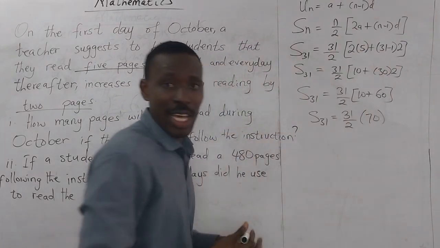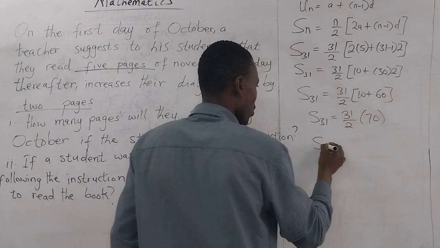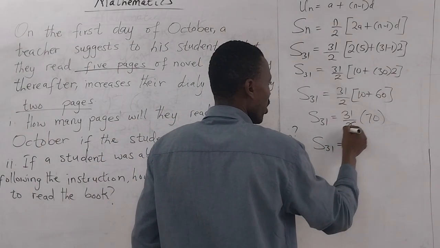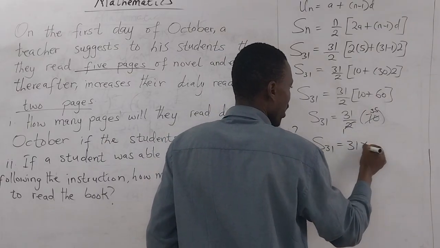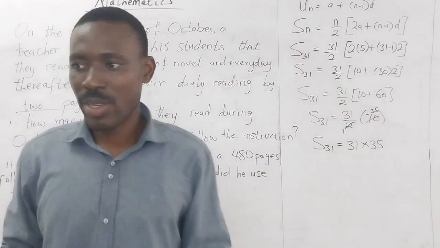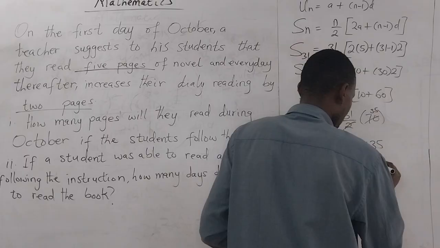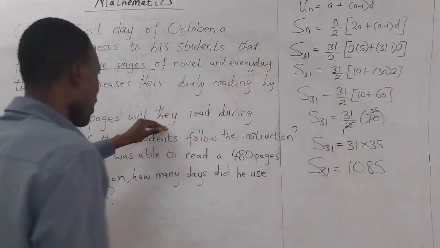Now from here, you can see that you can eliminate the 2 easily. So 2 goes into 70, 35. Let's multiply 31 times 35. Let's do that quickly. S of 31 is 1085. So it means the students will read 1085 pages.